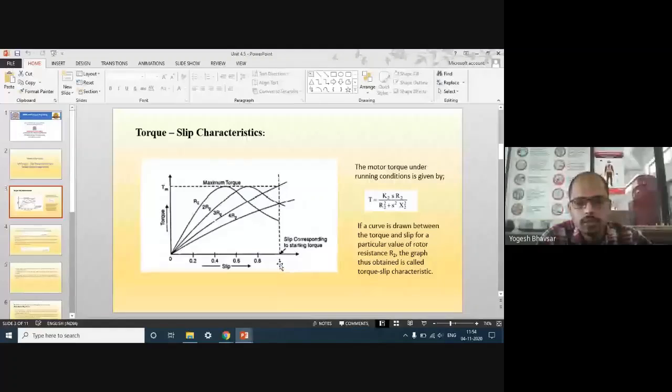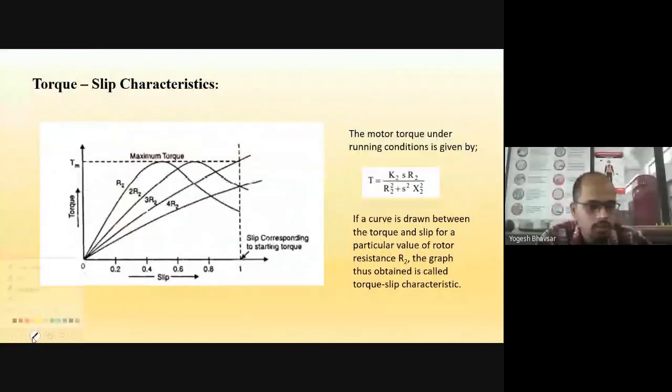Whenever the value of slip is 1, that means S is equal to 1, the rotor speed N will be 0. We have the basic relation S is equal to Ns minus N by Ns. So when N is 0, Ns by Ns equals 1, so slip is equal to 1.